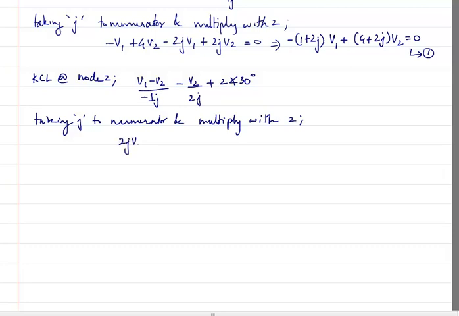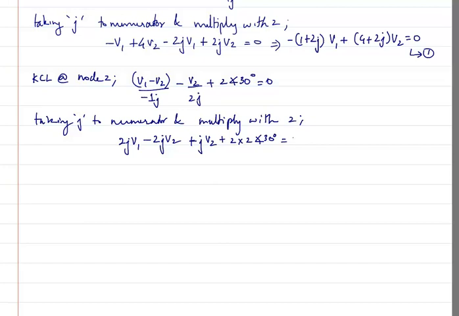So 2j(V1 minus V2), remember I always have to put the bracket, minus, so now this j will come on top, so minus and minus will become plus j V2, 2 and 2 will cancel off, plus 2 into 2 angle 30 degrees is equal to 0.